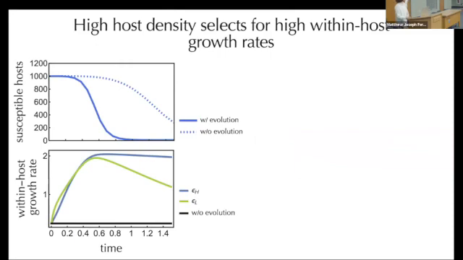This plot on the top is showing susceptible hosts over time with and without evolution. The plot on the bottom is showing the within-host growth rate of the parasite over time, where that blue line is showing selection that's occurring in the high yield host, and the green line is showing selection in the low yield host. And what you see is that early in an epidemic, when susceptible host density is very high, there's strong selection for a large within-host growth rate because it's adapted for the parasite to really be exploiting those available hosts.